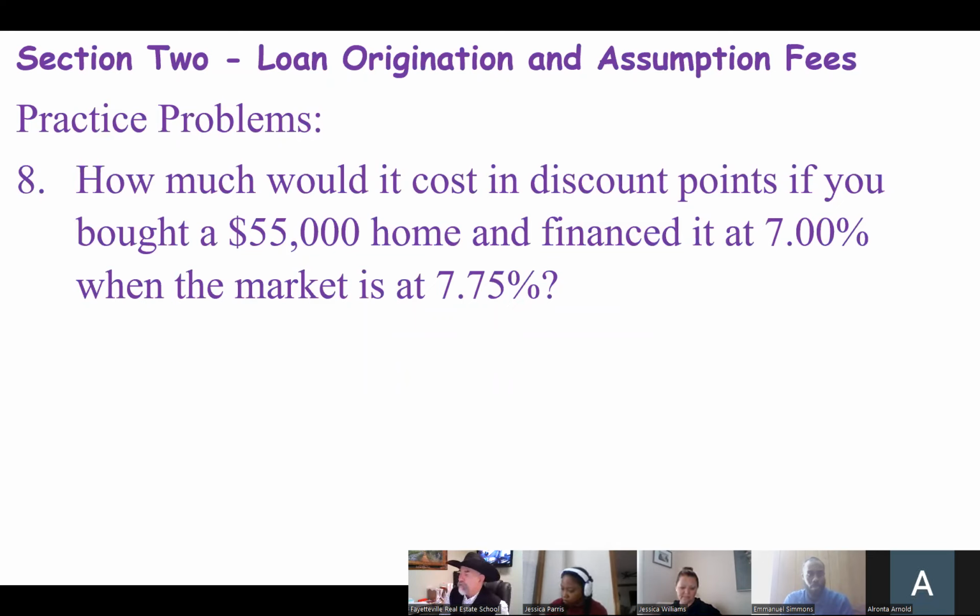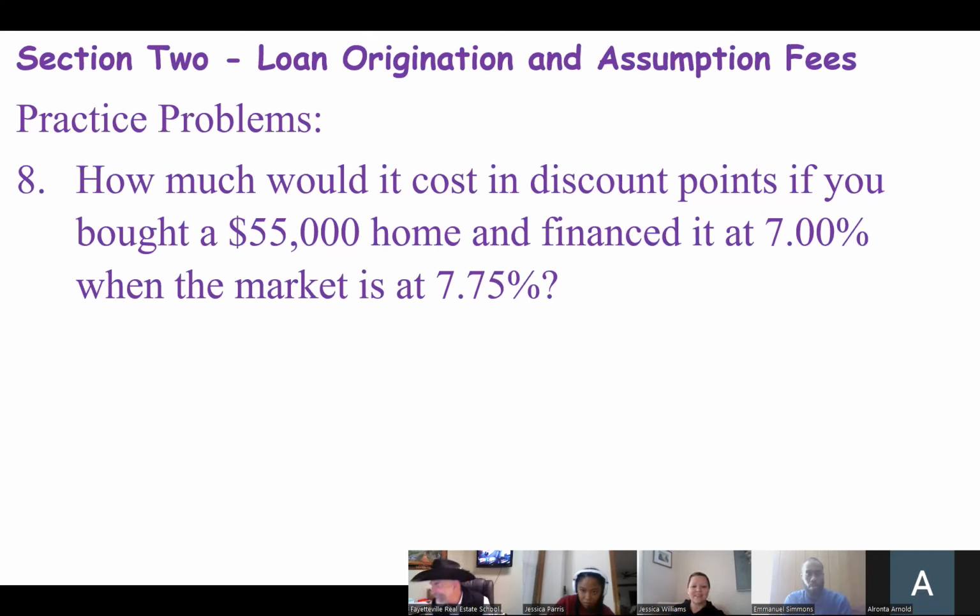All right, how much would it cost? Now it's asking us, how much would it cost? What is the dollar amount it's going to cost for discount points if you bought a $55,000 home and financed it at 7% when the market rate is 7.75? So the current rate that the lender is offering is 7.75. The buyer wants 7%. How much of a decrease in rate, Jessica Williams, is the buyer asking for? 6 points. Wait a minute now.